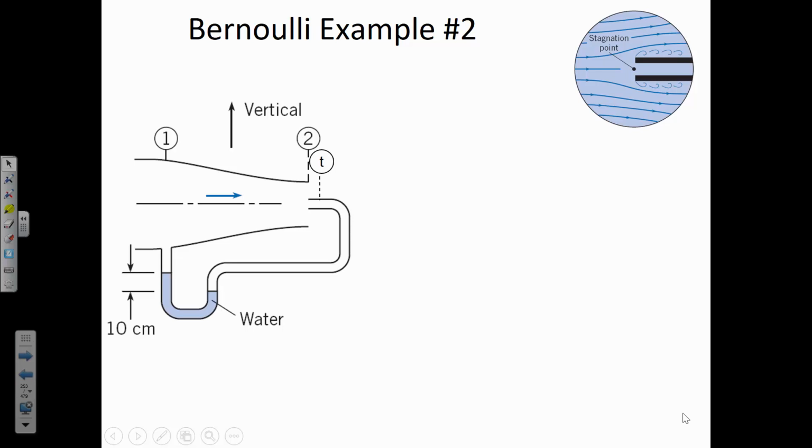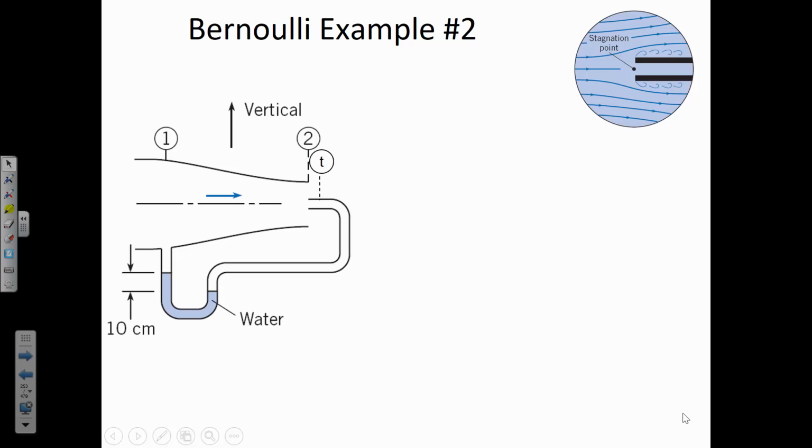Because at 2, there's lots of velocity and a little bit of pressure, but now at T, all of the velocity that was there before at 2 got exchanged into a little bit of additional pressure. So what I'm going to say here is that at T, there is no velocity. The V sub T term doesn't exist because conditions inside the manometer are static.